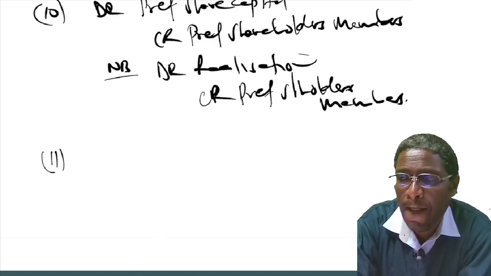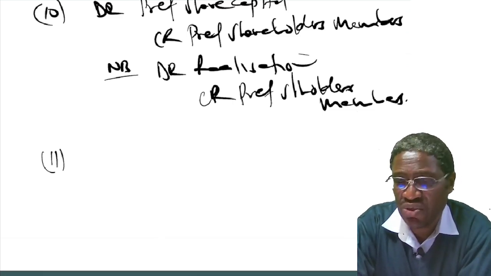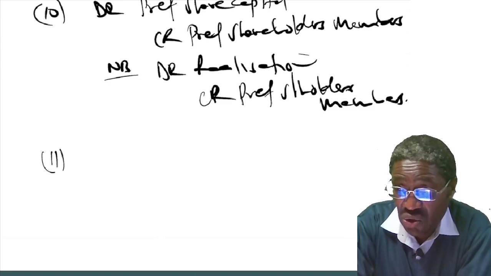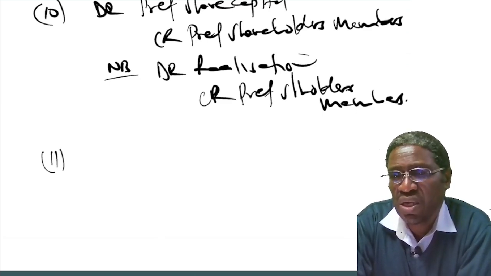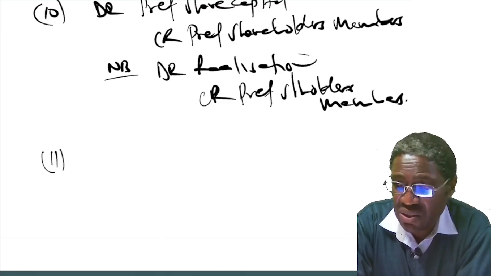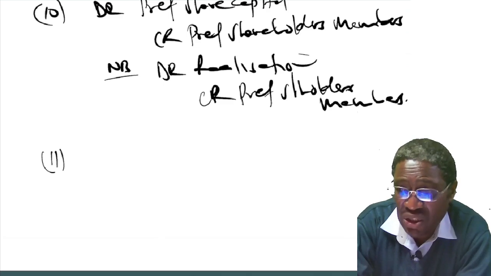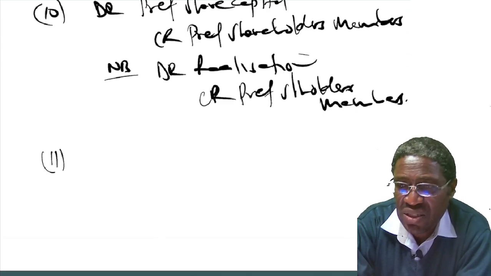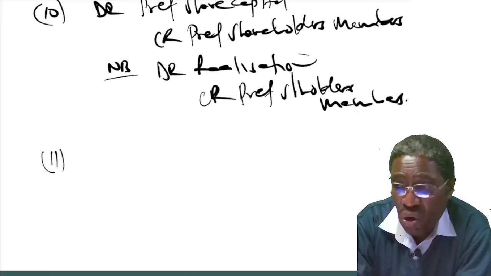Number 11 says, with the receipt of the purchase consideration, either in form of cash, shares, or debentures.